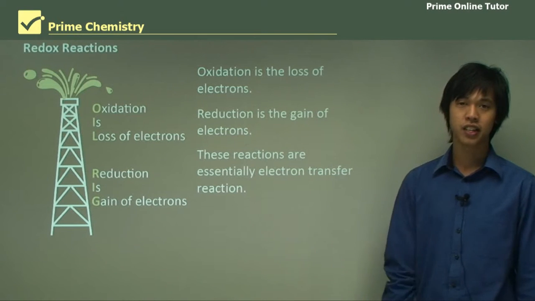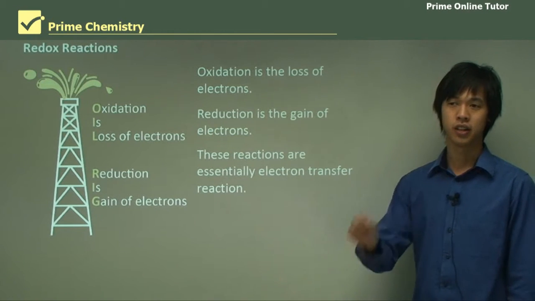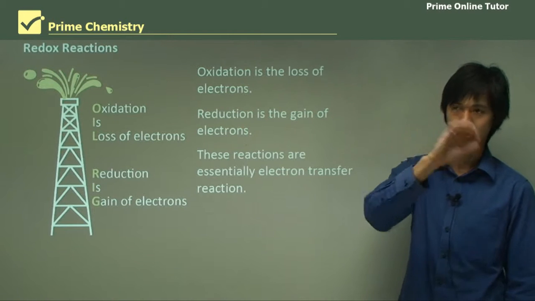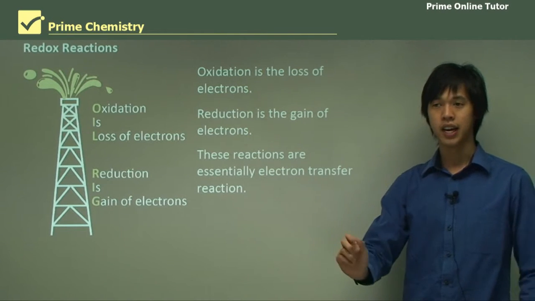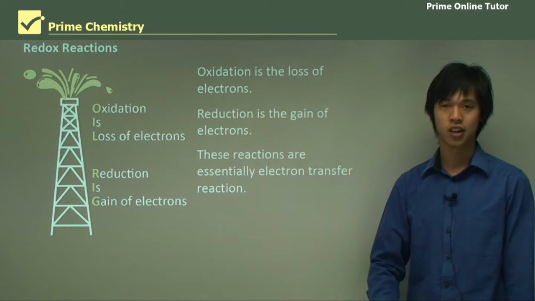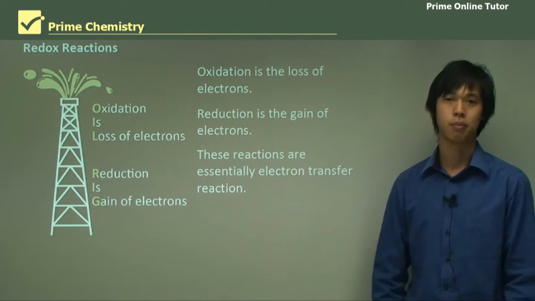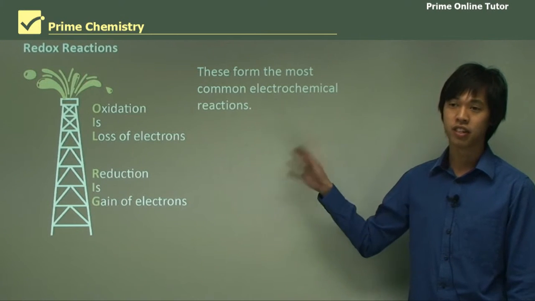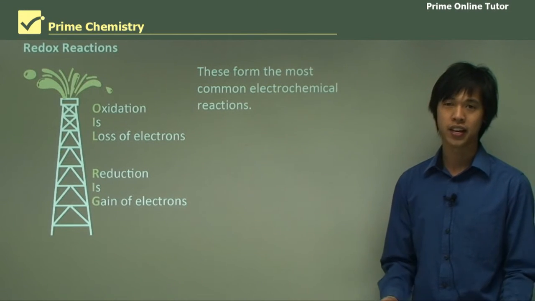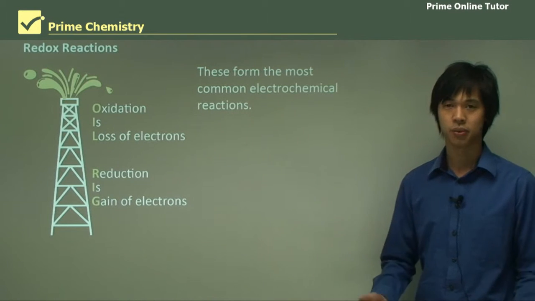And remember, these reactions are electron transfer reactions. So one or more electrons go from one species to another, and that is essentially the oxidation and reduction happening together. And these redox reactions form pretty much the foundation of all electrochemical reactions that we see in everyday life.